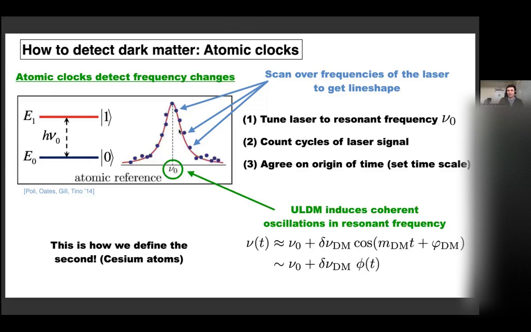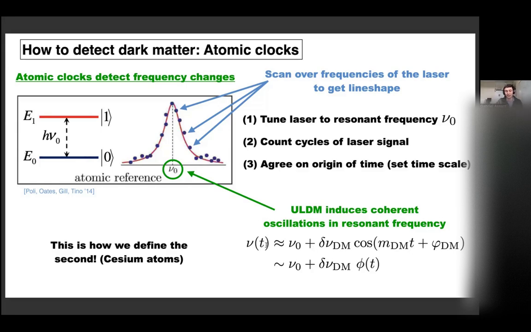Well, I told you that ultralight dark matter can be approximated by a classically oscillating field, which would correct various things and also correct atomic properties. By correcting atomic properties, it would change the resonant frequency of an atom by some amount.